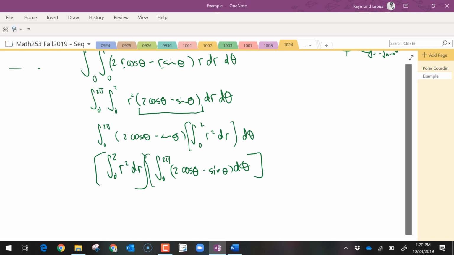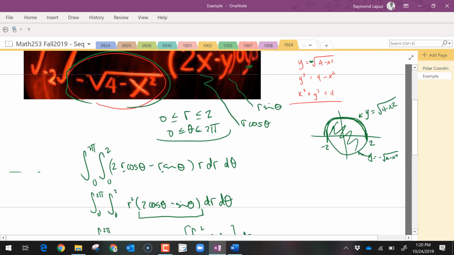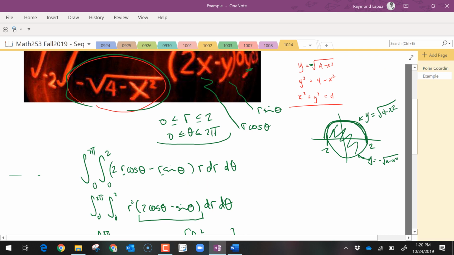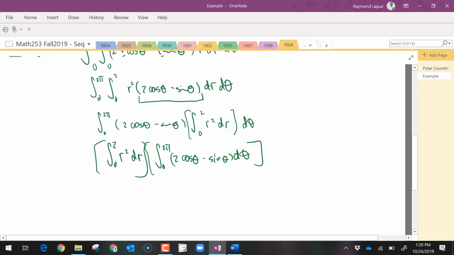I think it's just going to be 0. Well, no, not because of the limits of integration, because it really depended on what your integrand was. So if I just had a y in there in my integrand, then maybe it wouldn't be 0.